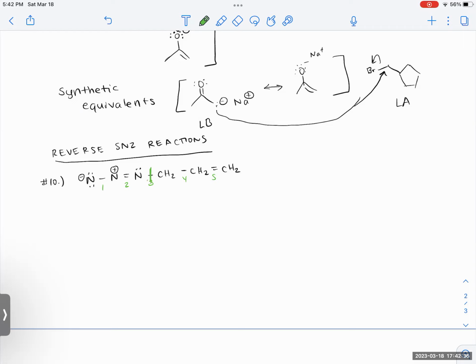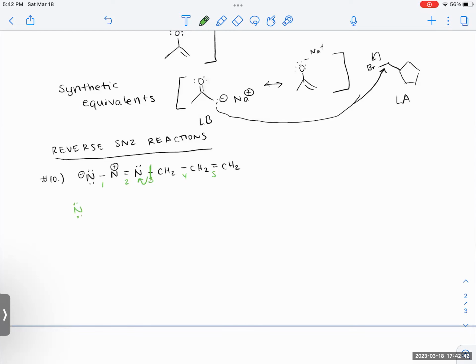And the electrons from that bond are going to go into the nitrogen. So for our synthons, we're going to have this, and then a positive charge on that carbon.